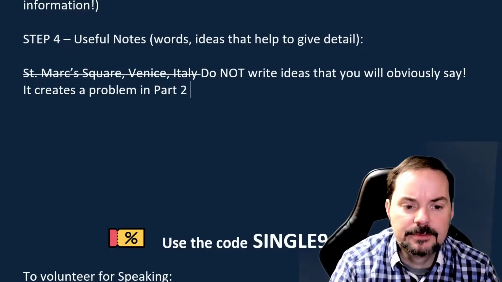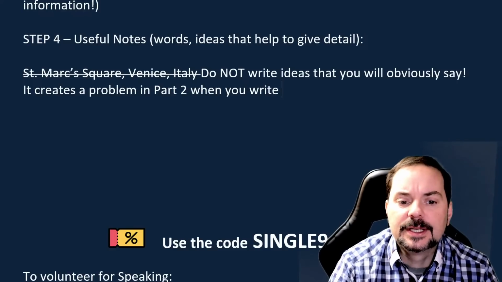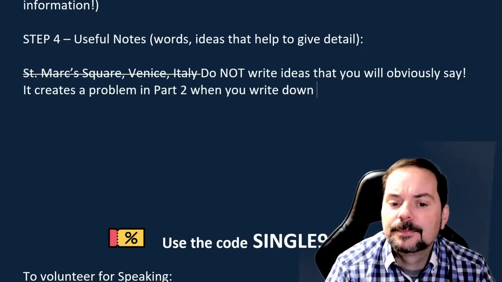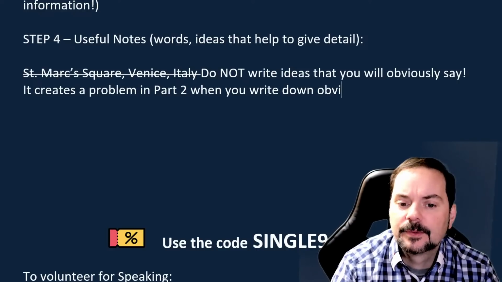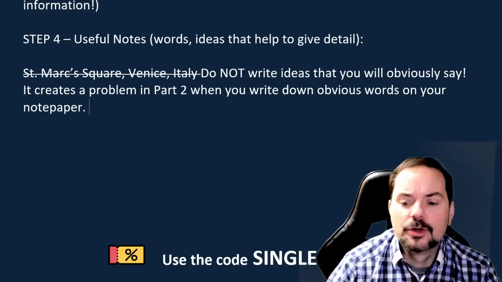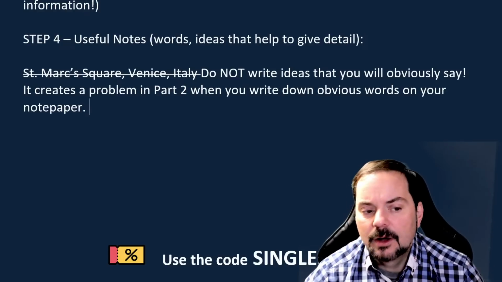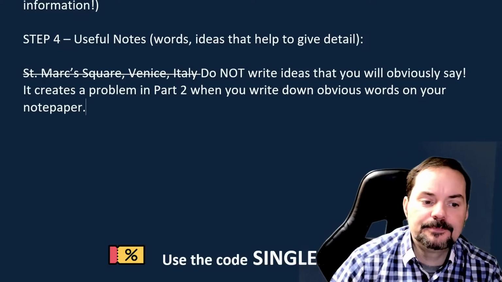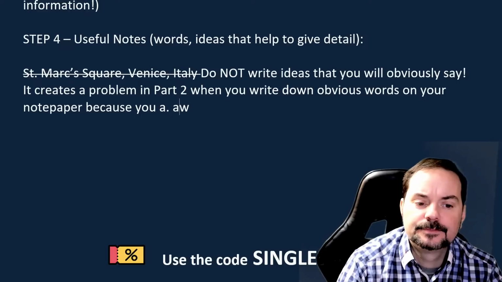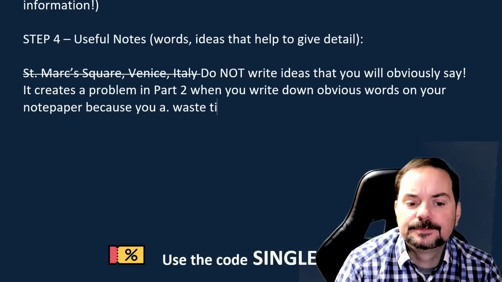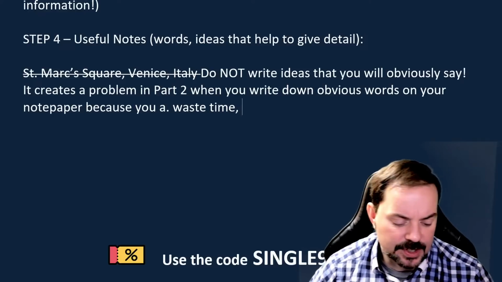It creates a problem in part 2 when you write down obvious words on your note paper. Juan says you're wasting time. Yep. There's also another reason. So you're wasting time.